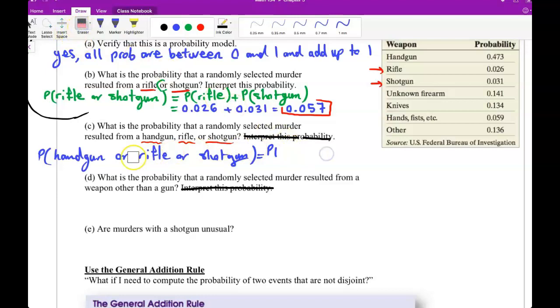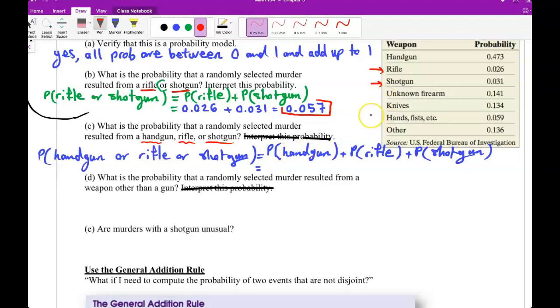So first I have handgun, so let's use that one first. Okay, so for handgun we have 0.473.